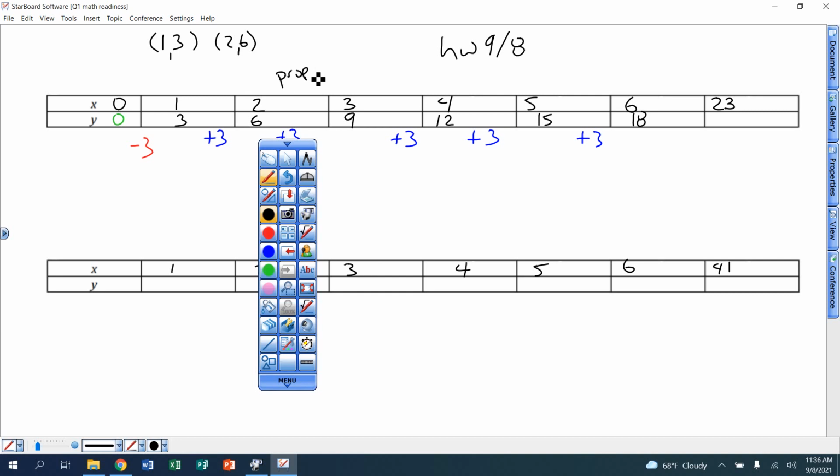That means the equation I'm using is just y equals 3 times x, nothing more, because it's proportional. There is really a y-intercept of 0 right there, but no one writes that. We just write 3x. So to find the 23rd term, you're plugging that 23 in for x right here.